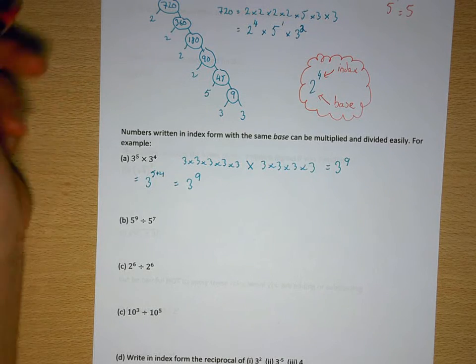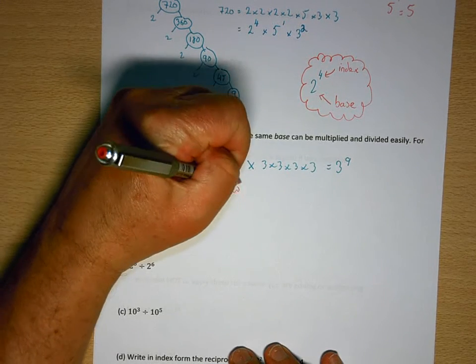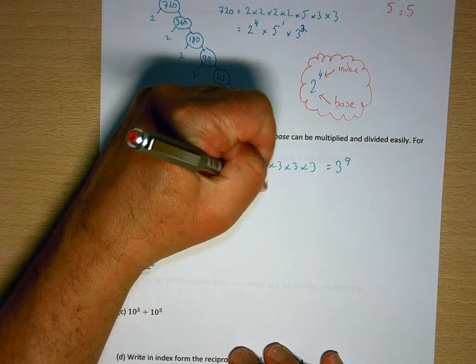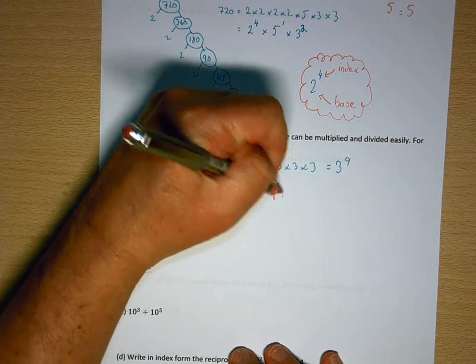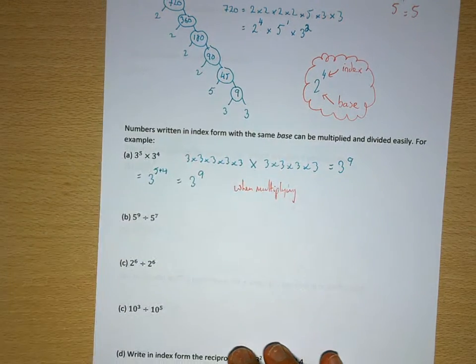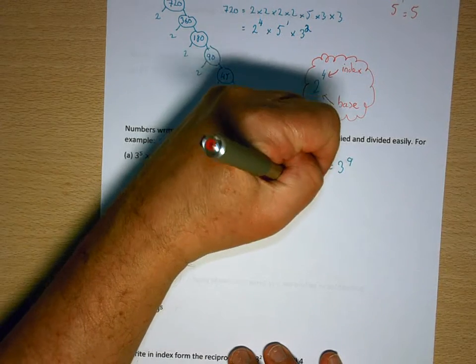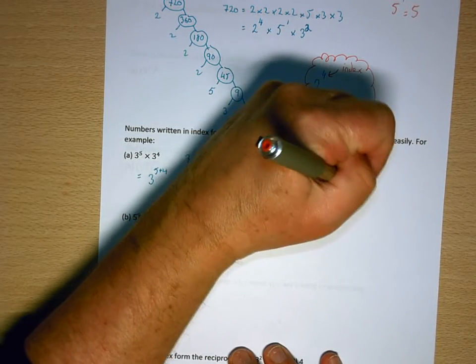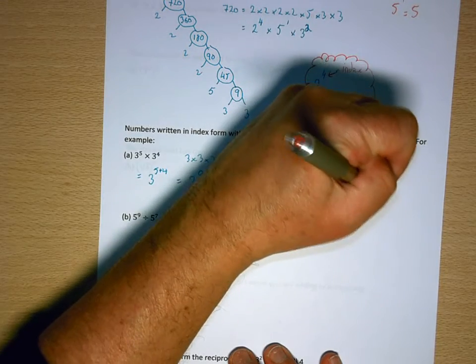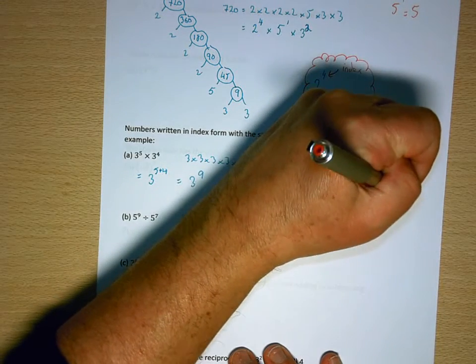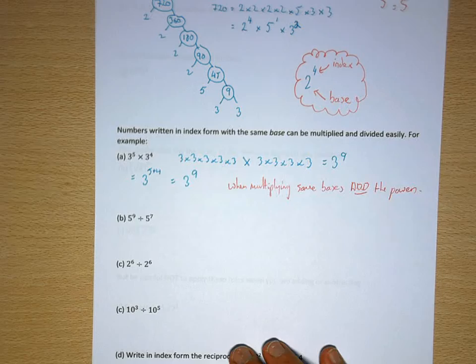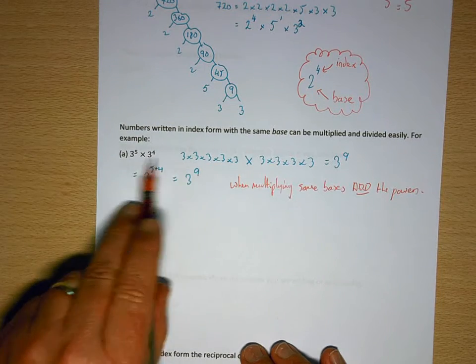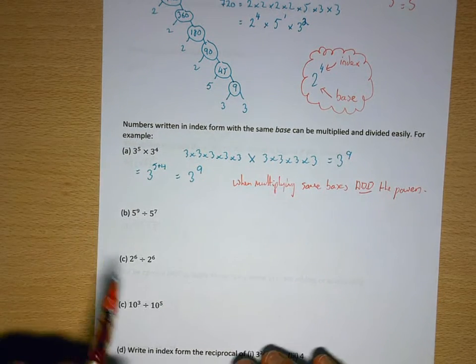So when multiplying same bases, add the powers. Okay, so the bases are the same, they're all 3's, so I can add the powers together.